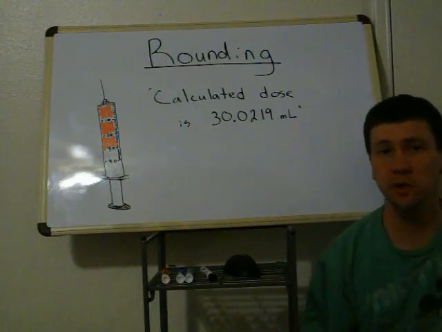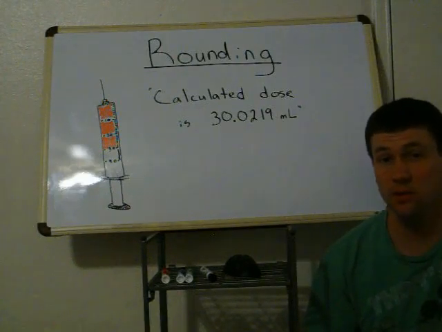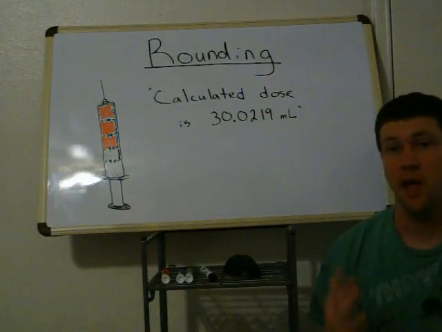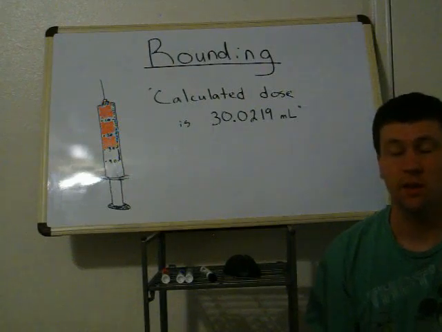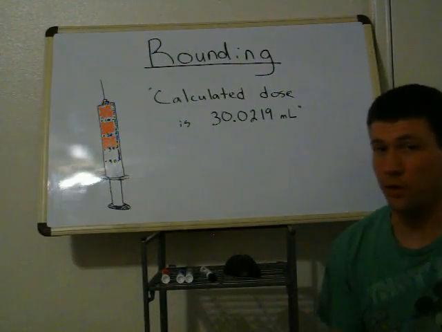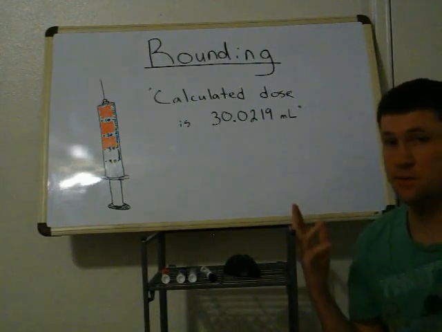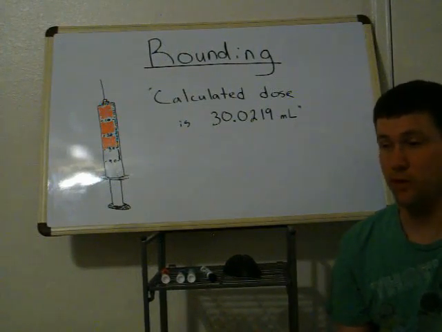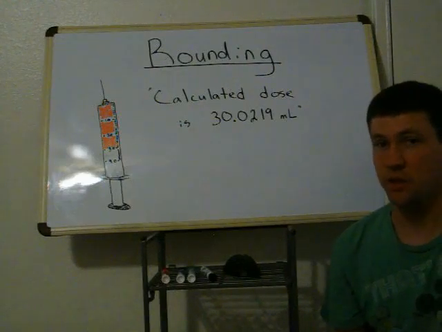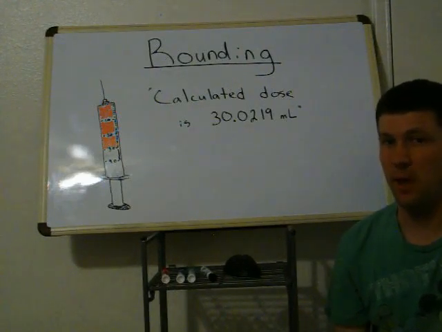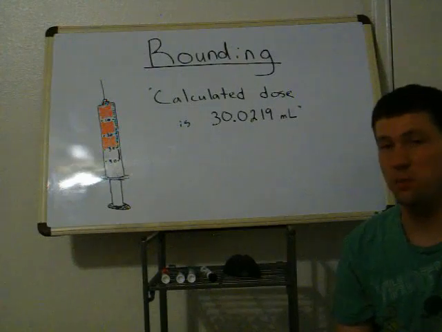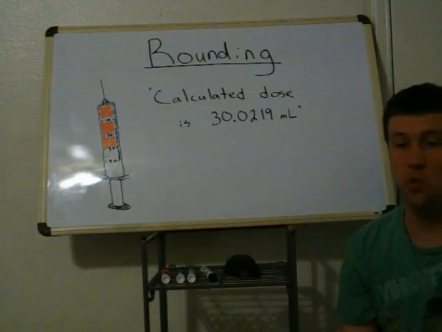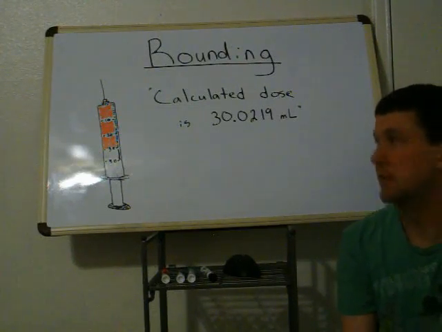Okay, as you are doing your calculations, you'll be doing a lot of steps and using a lot of numbers. And when you finally get to the end, you might have a number or an answer that has lots of decimal places. So for example, let's say that you do a calculation and the answer that you get is that you're going to give a patient 30.0219 milliliters.